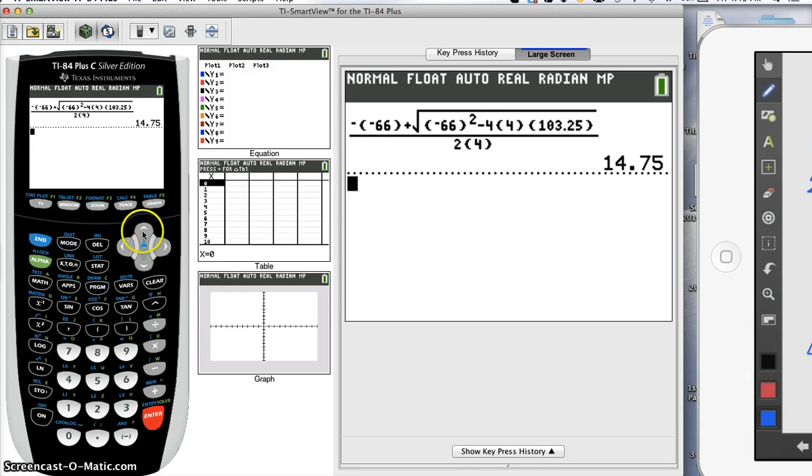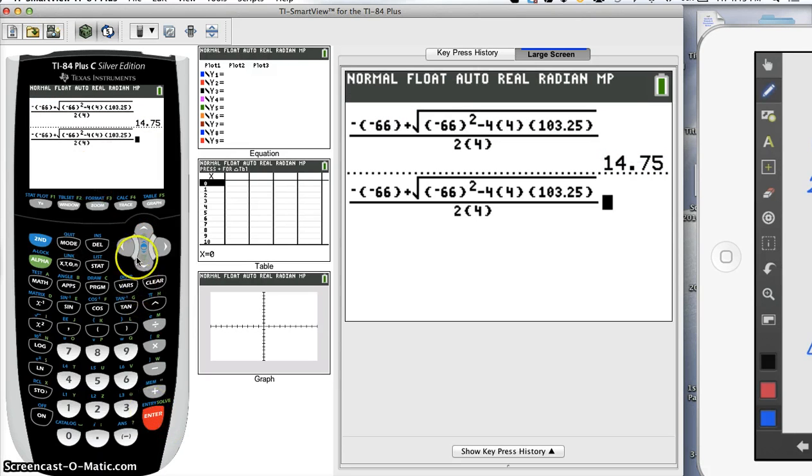And now what I can do, instead of rewriting the whole thing, I can go up twice, press enter. So it's going to copy the whole equation for me. Instead of writing it, I can go back and edit whatever I need to edit. So I need to go all the way back up till here and put a minus instead of the plus.